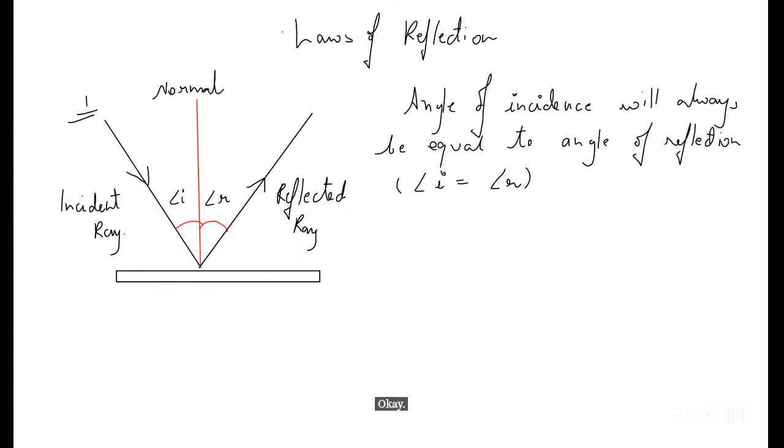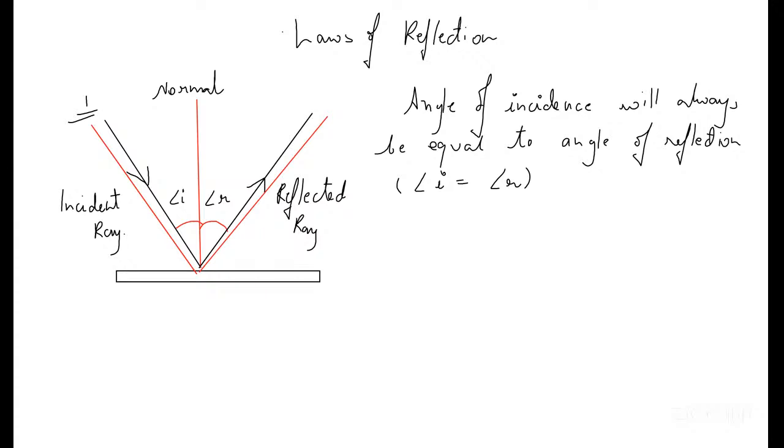Now, the reflected light will follow the same path if the original beam strikes the plane mirror at an angle other than the usual. Okay, what does it mean? See, if the ray is coming in this path, it will reflect right back on the same path.